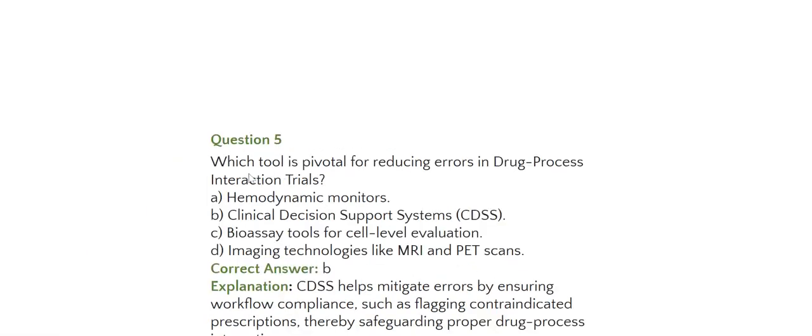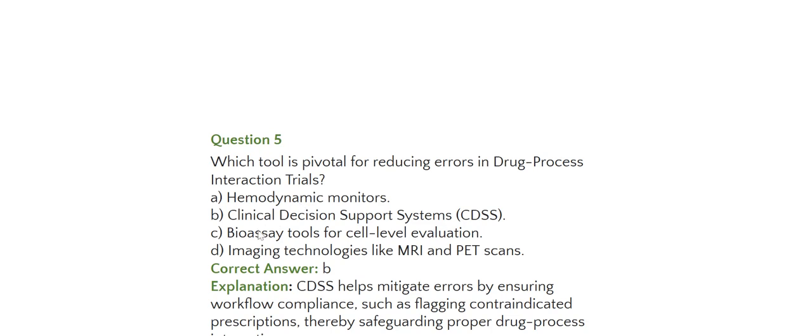Question 5. Which tool is pivotal for reducing errors in drug process interaction trials? Is it A, hemodynamic monitors, B, clinical decision support systems, CDSS, C, bioassay tools for cell level evaluation, or D, imaging technologies like MRI and PET scans?